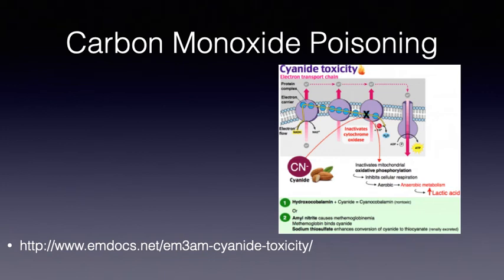Or we can use sodium thiosulfate, which will convert the cyanide to thiocyanate, which also can be excreted by the kidney. For now, be familiar with hydroxycobalamin, nitrites, and sodium thiosulfate as treatments for cyanide toxicity.